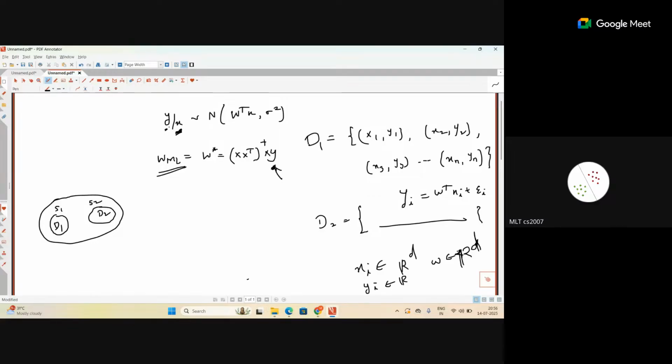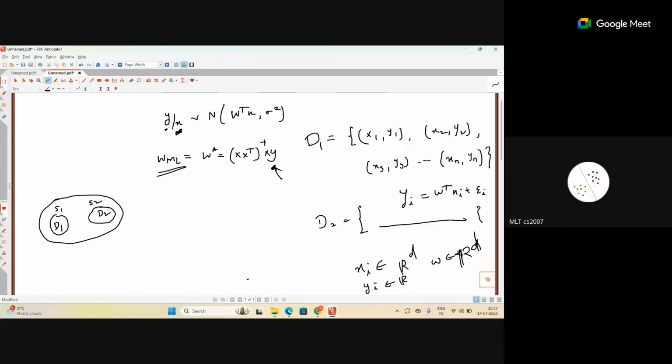Now when you collect it like that, if you use different samples, you will get different w's, right? And now you're finding the solution which maximizes the likelihood.